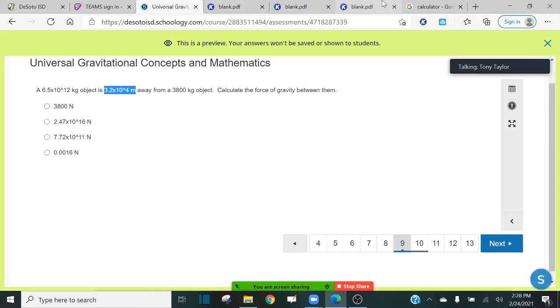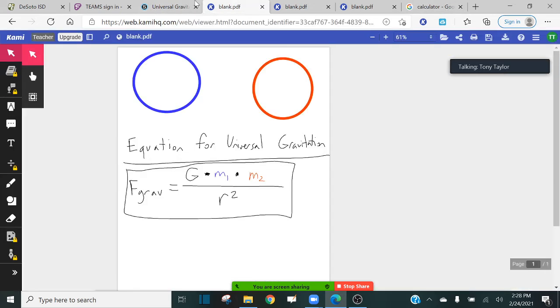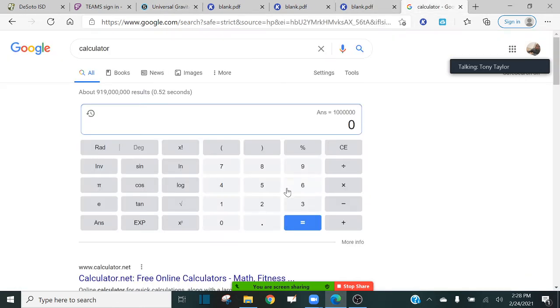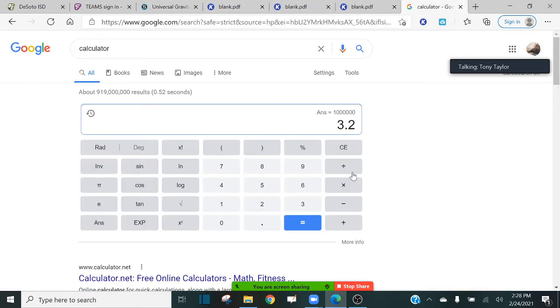Students always forget, well, not always, but sometimes students forget to do that. But it happens every year that at least one or two students may forget to square R. So for example, if I wanted to square this in my calculator, it would look something like this. I would put it in parentheses.